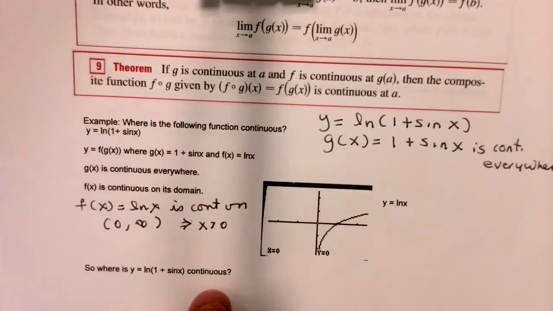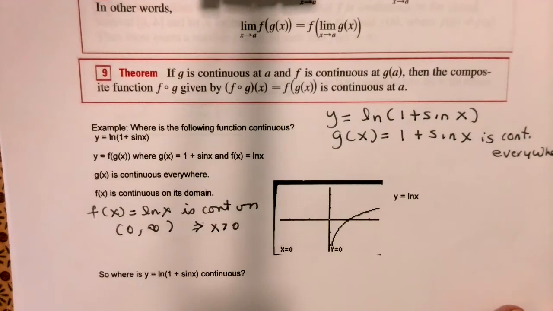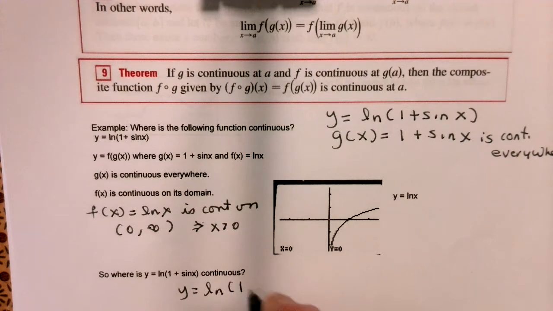So where is y equals natural log of 1 plus sine x continuous? Well, anything that goes into the natural log function, or any log function, has to be positive.